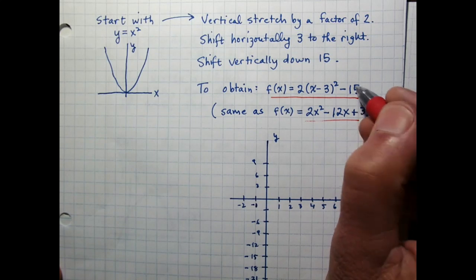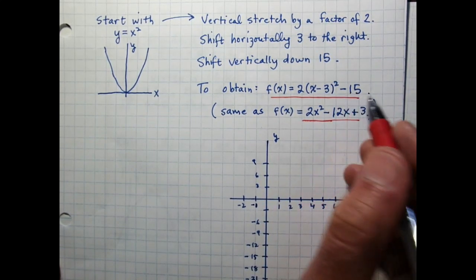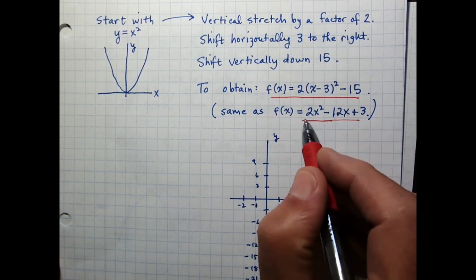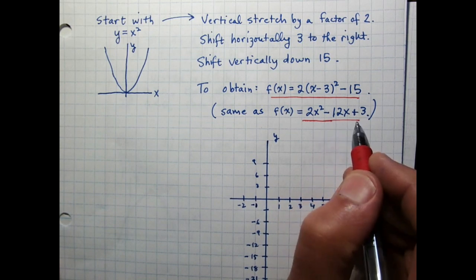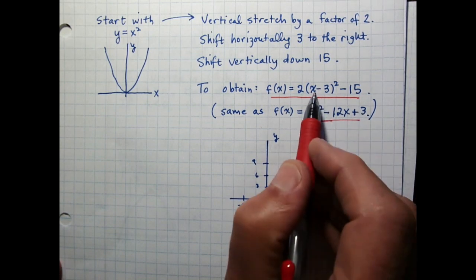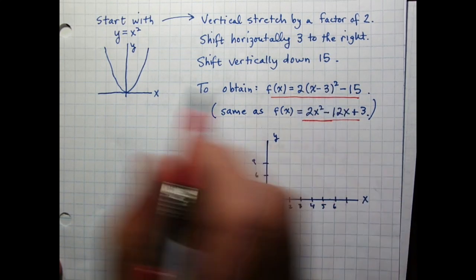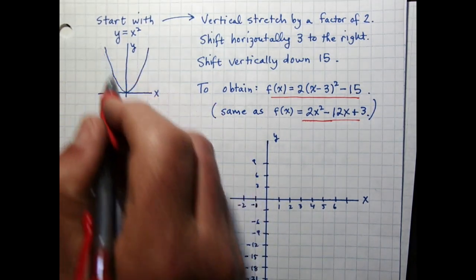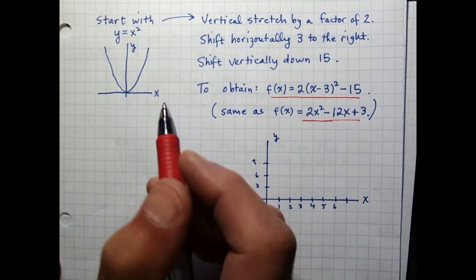These are equivalent, and you can use either form, and you can go back and forth between them depending on what you want to do. Again, I think the 2x squared minus 12x plus 3 is going to be more useful to us in the end. But it's worth talking just a moment about why this standard form is a transformation of y equals x squared, our first toolkit quadratic function whose graph is a parabola.